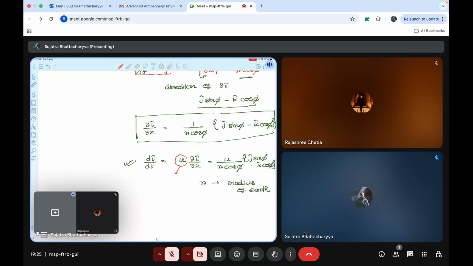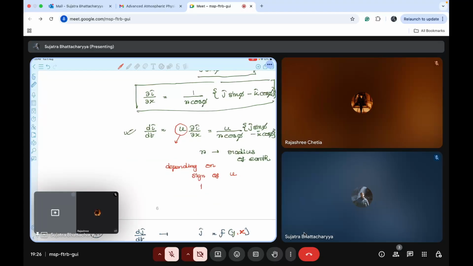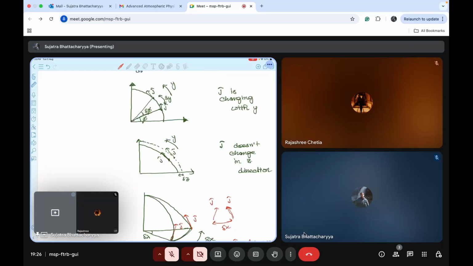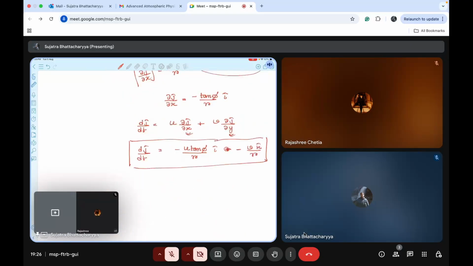So depending on the sign of u, the i hat will be guided. Remember this, I think some questions are based on that, so that's why I thought to mention it.